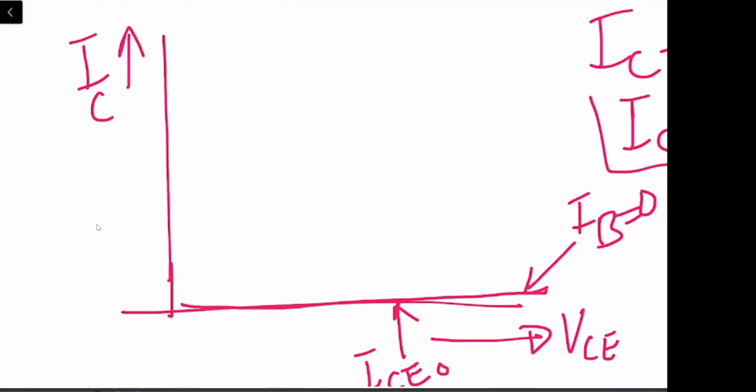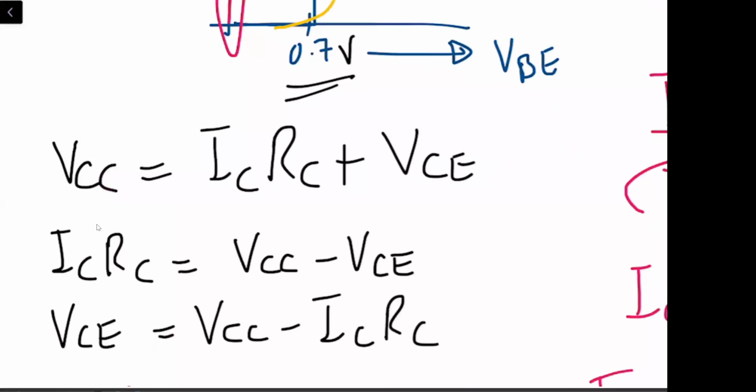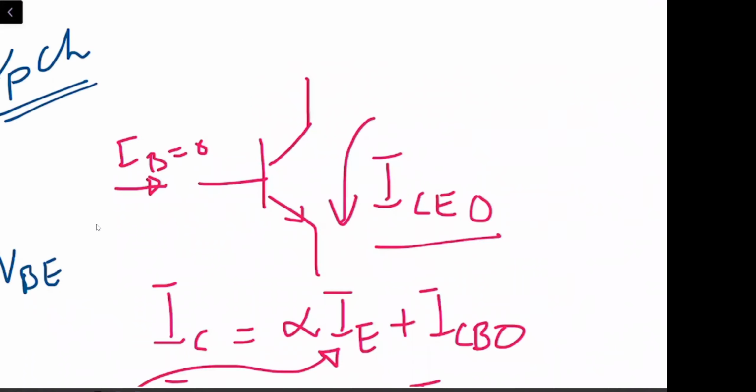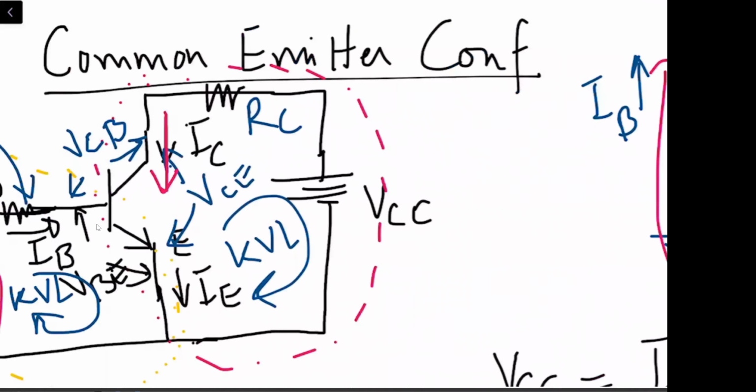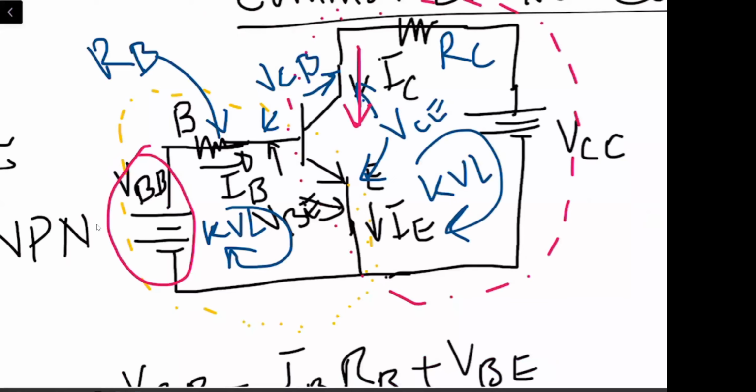And how can IB be equal to 0? If we go into the circuit, which is the common emitter configuration, IB can be equal to 0 when VBB, the biasing potential at the base of the transistor, is equal to 0.